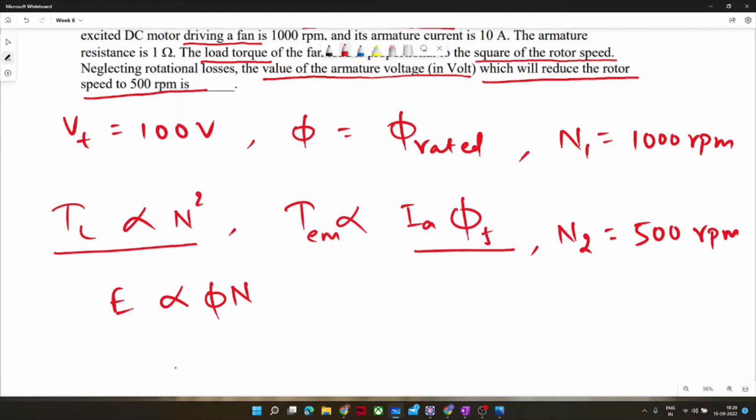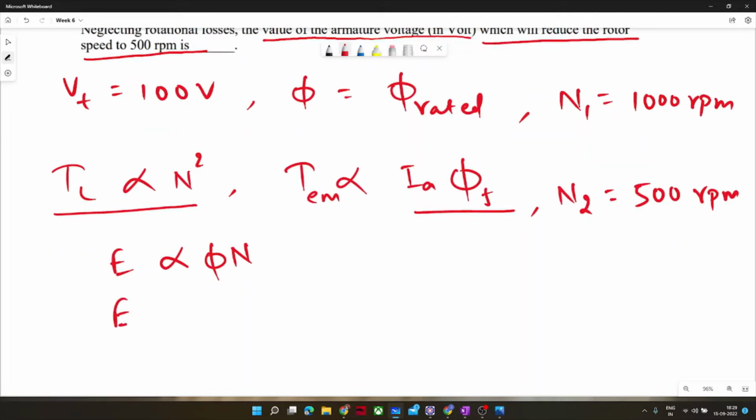So we have some common constant K. E equals K phi omega. This is a very famous formula, and torque is equal to K phi IA. So torque depends on flux and current, back EMF or induced EMF depends on flux and speed.